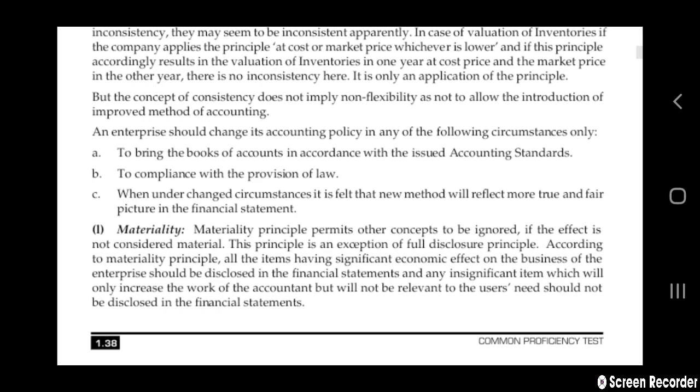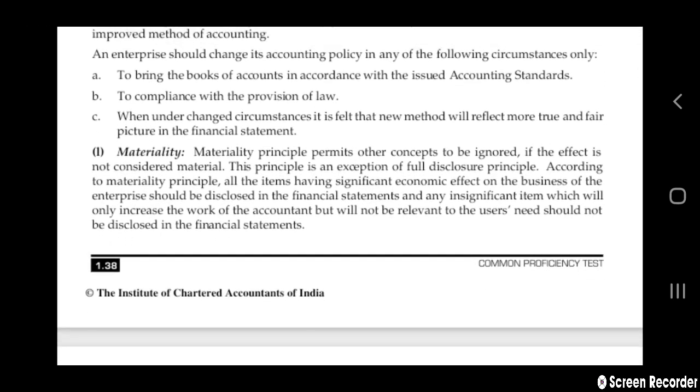Any insignificant item, which would be relevant to the users but would only increase the work of the accountant, should not be disclosed in the financial statements.